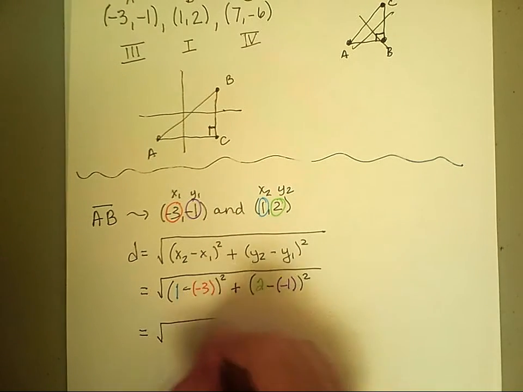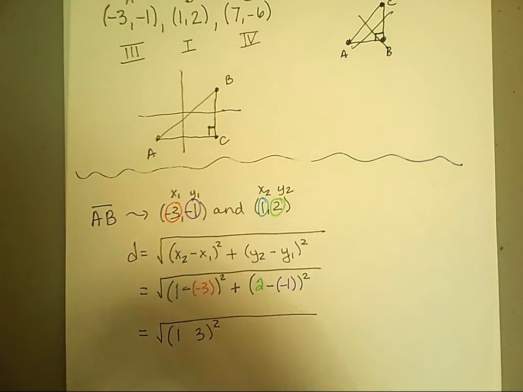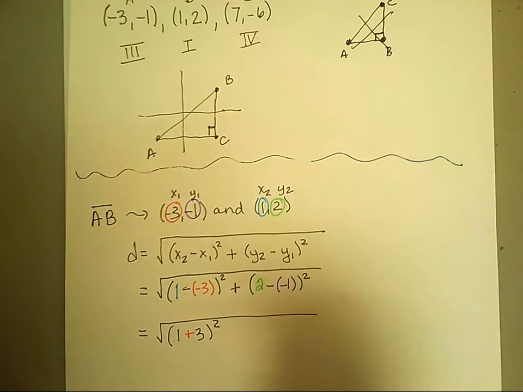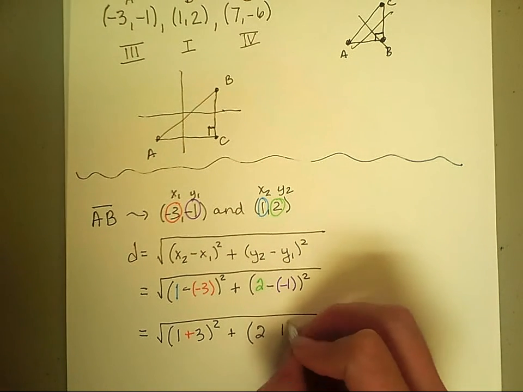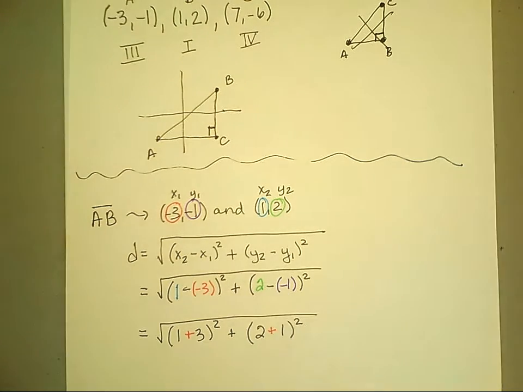So this is equal to the square root of, now let's simplify in here. Subtracting the negative becomes positive, and again the same thing will happen here. Subtracting the negative will add.